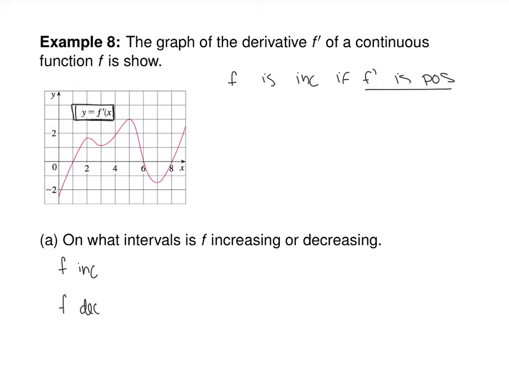We did one like this where you're like, oh, it's really easy. This is true if the graph of f prime is above the x-axis. So f is increasing from 1 to 6, and we'll just say 8 to 9, okay?